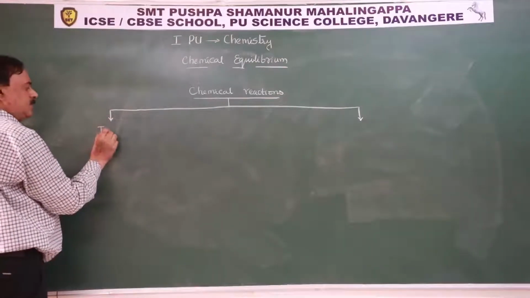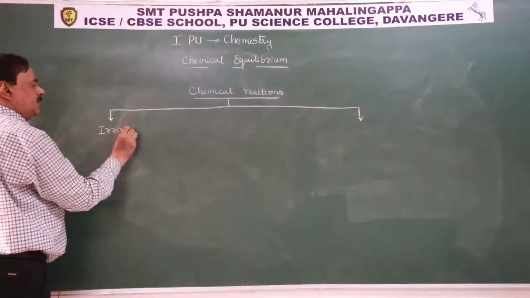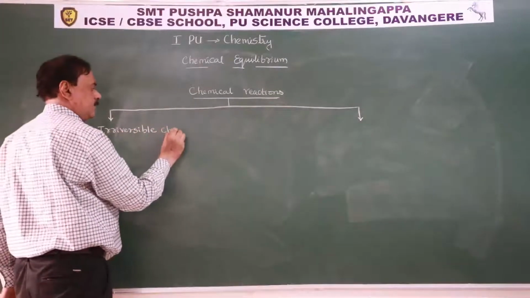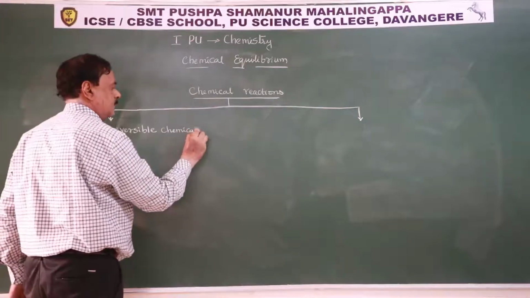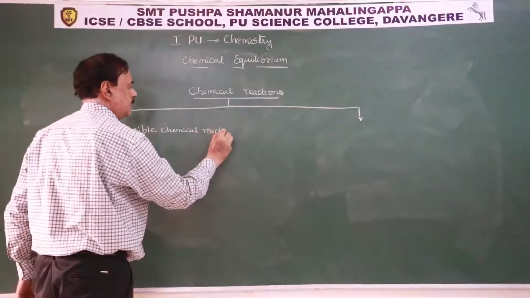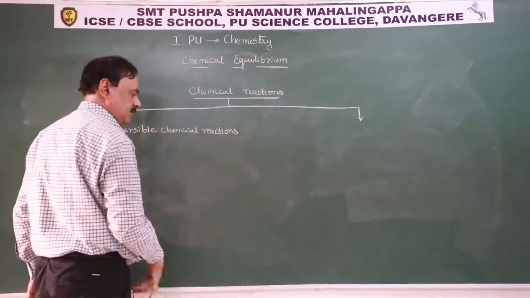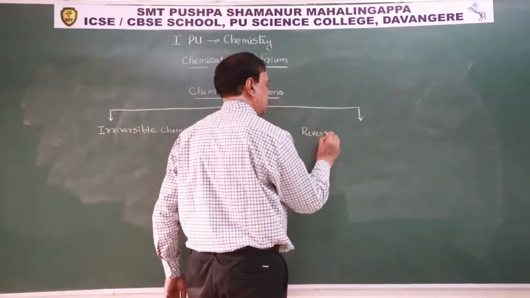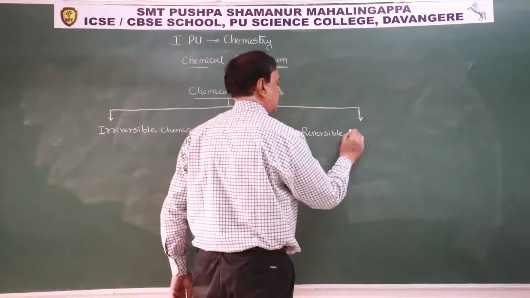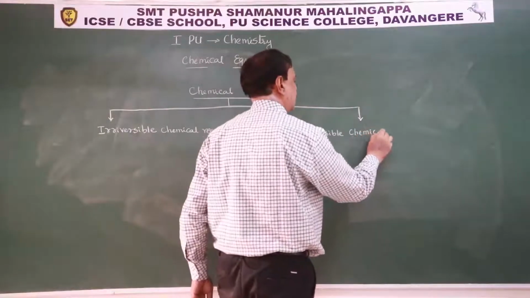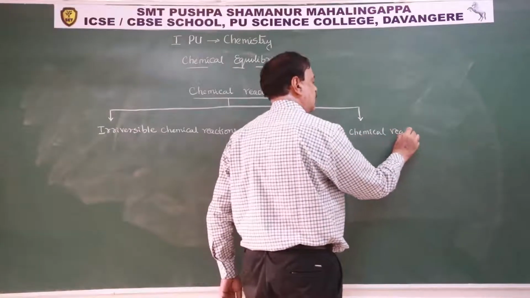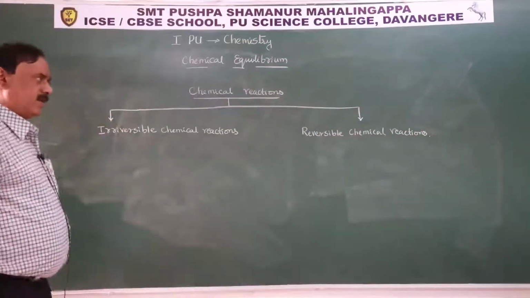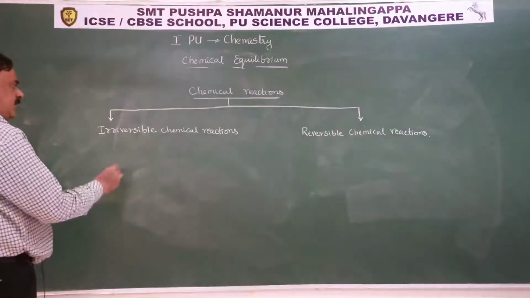One is called irreversible chemical reactions and the other is reversible chemical reactions.